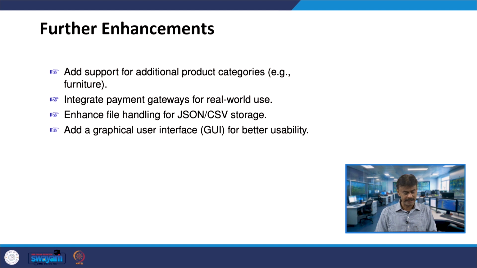We also have to enhance the file handling system for JSON, JavaScript Object Notation, and CSV, comma-separated values files, for storage. And also, the last chapter that we had studied, the graphical user interface: we can also add a GUI for better visibility. These are all the enhancements that we can think of for solving these kinds of real-world problems.